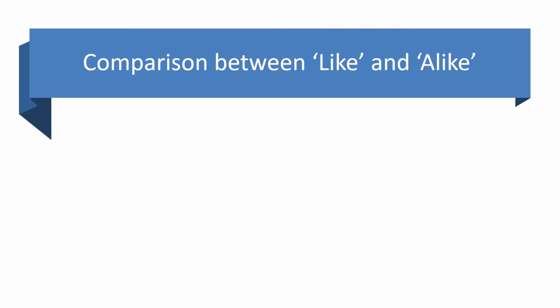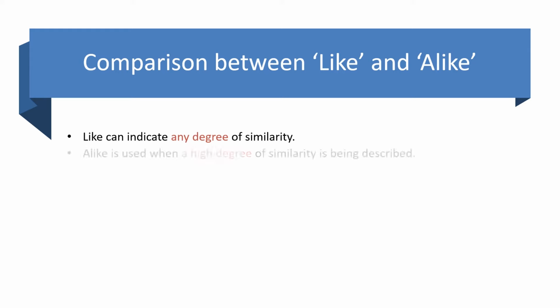Let's move on to the next concept, which is the comparison between like and alike. The basic difference is like can indicate any degree of similarity, even a little degree of similarity, but alike is used when a high degree of similarity is being described.